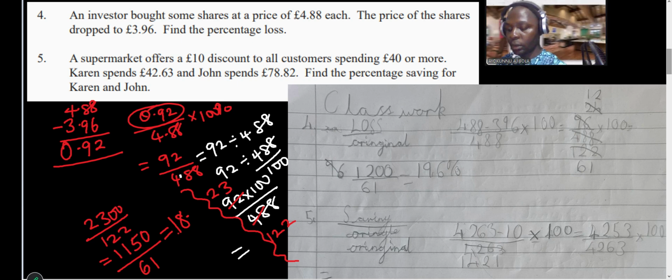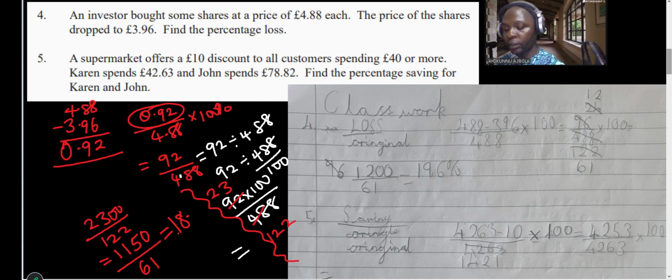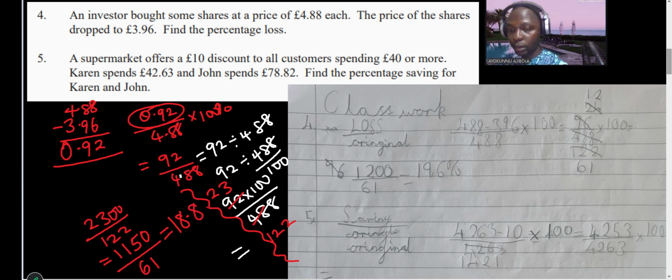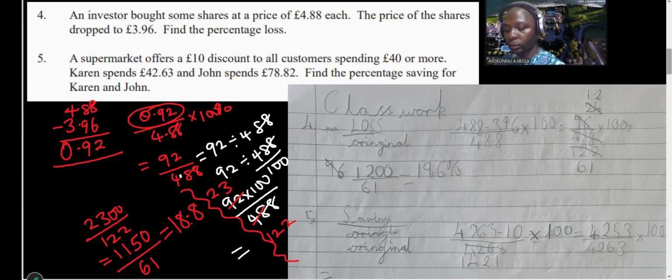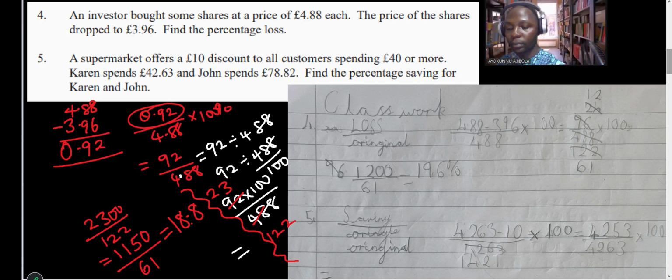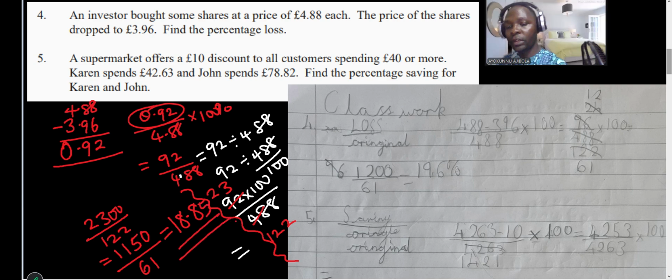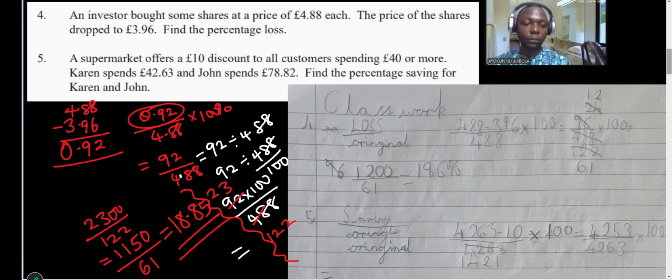So for Karen, that means 42.63, 10% off now. So that is 10 over 100 times 42.63. So we get that 10 cancel 10 here. Then this is going to be 42.63 divided by 10, which is 4.263. That is the savings for Karen.